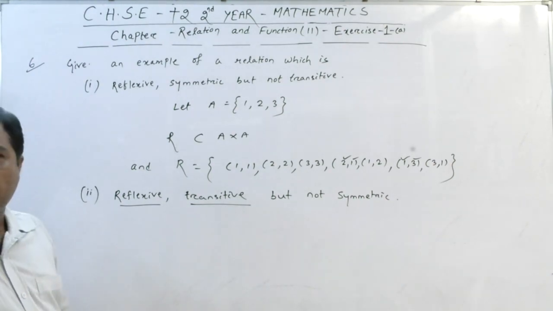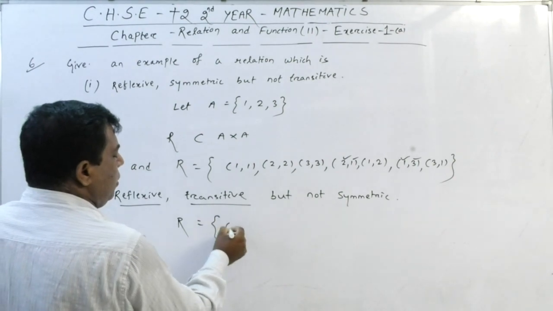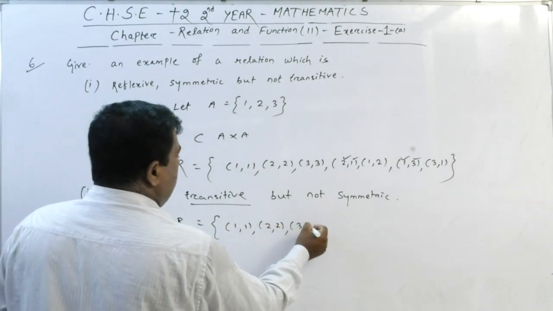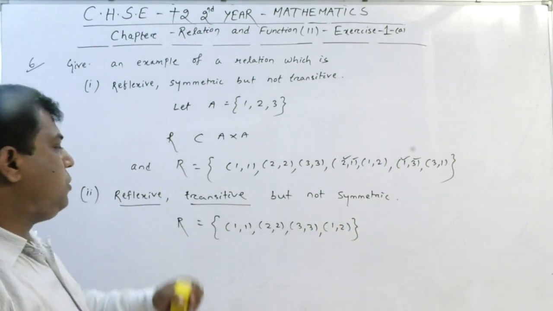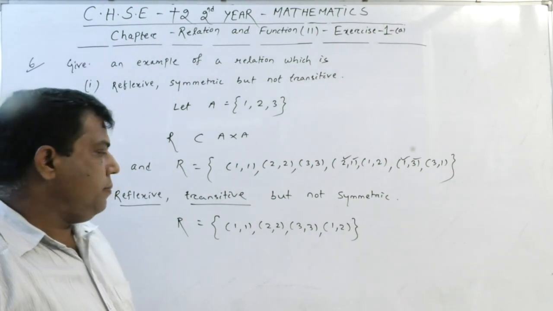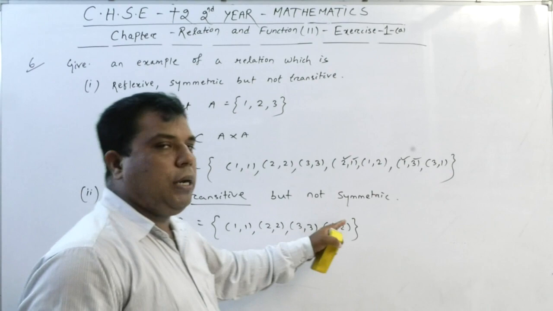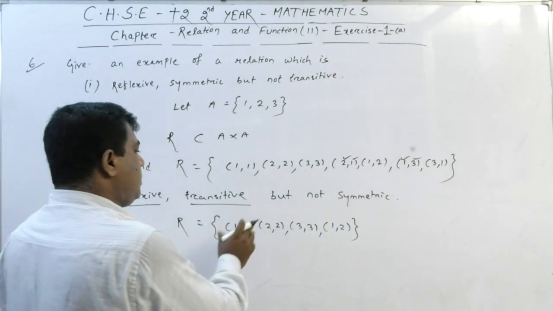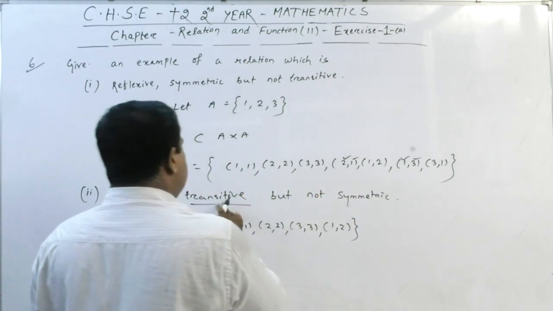For it we take the example {(1,1), (2,2), (3,3), (1,2)}. It is reflexive in nature. It is not symmetric because (1,2) is there, but its reverse pair (2,1) is missing. So it is reflexive, not symmetric, and transitive.